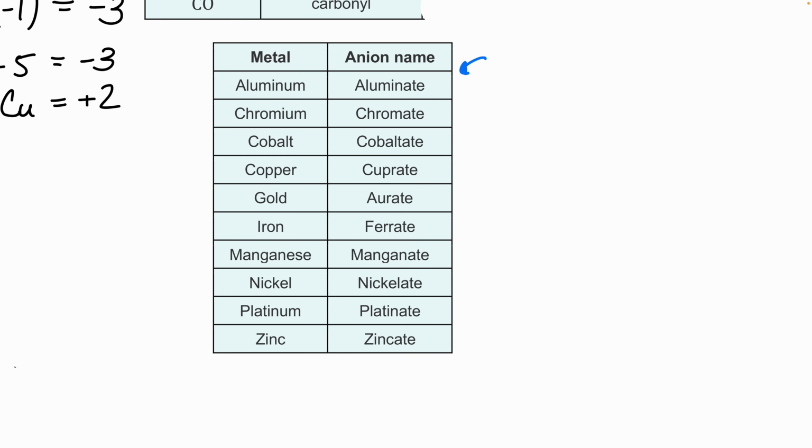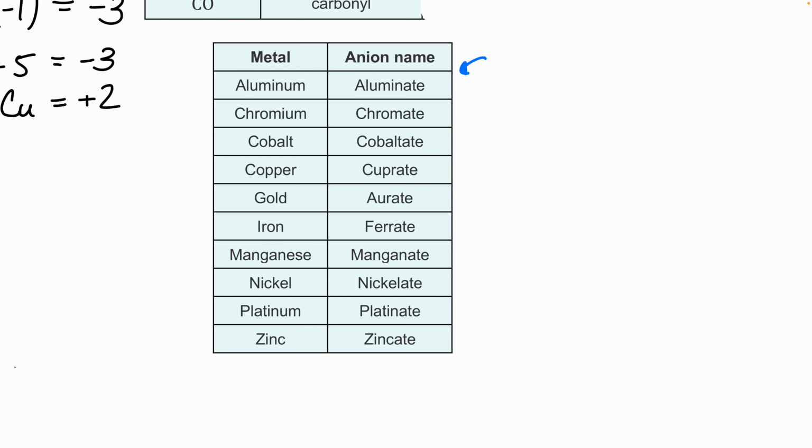Yeah, but you would be able to figure that out if you knew what the ligand was and you knew what the oxidation number was, so it's not an essential piece of information. It's a convention, though. I don't make the rules, especially not IUPAC rules, especially not nomenclature rules.